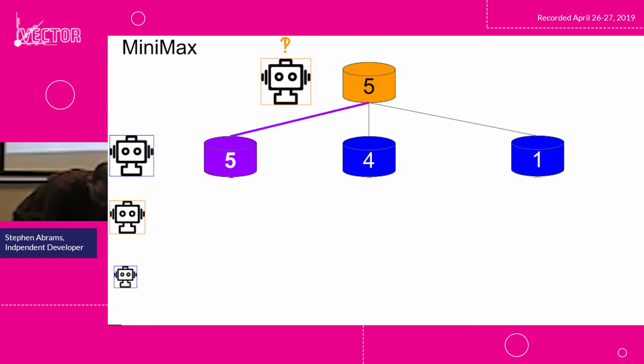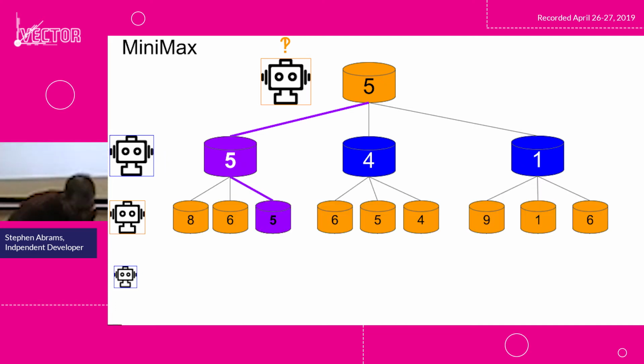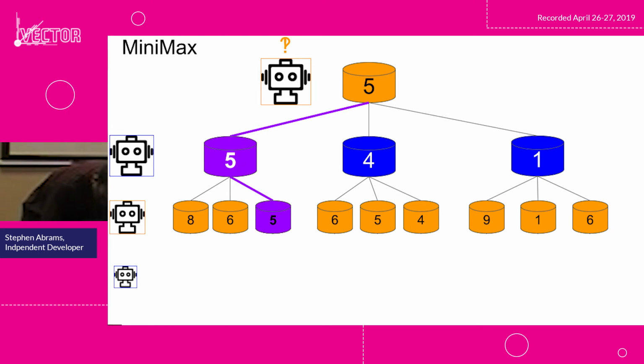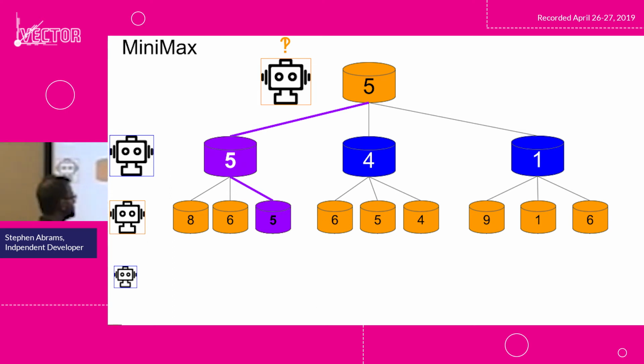So the opponent, in turn, for each of those 3 choices, gets his or her own 3 choices, and then on and so forth. Eventually, what I want to do is look out far enough that gives me a reasonable number of things to evaluate, and then actually evaluate them.